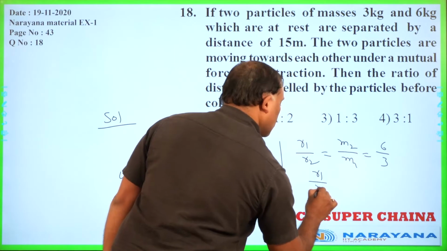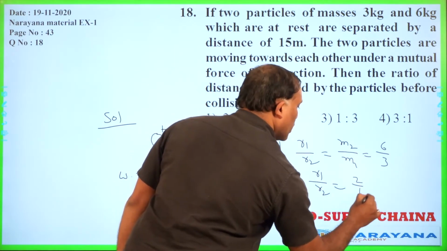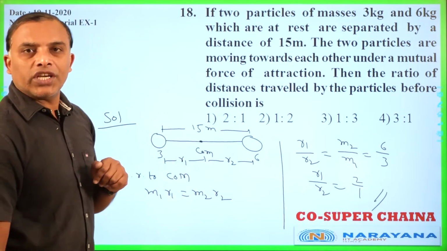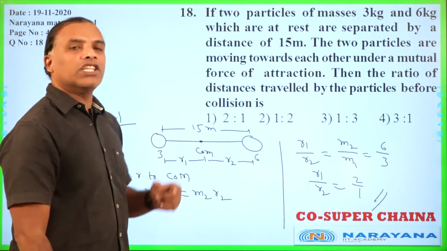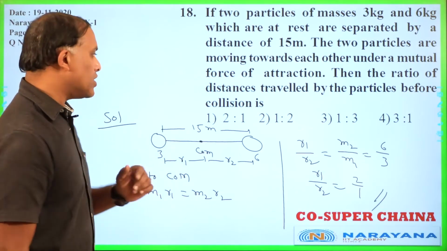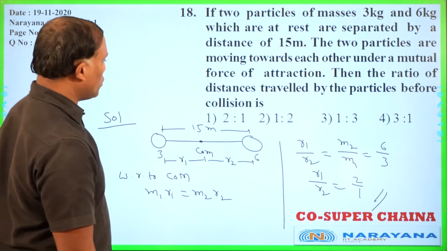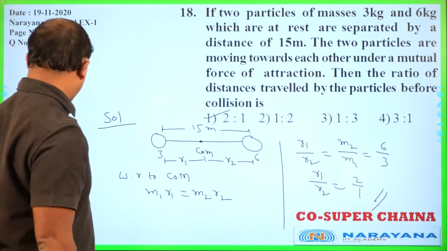So, r1 by r2 is equal to 2 by 1. That is the ratio of distances moved by the 3 kg and 6 kg blocks when they meet. They will meet at the center of mass position. So, that is about it. Next question. 2:1, this is the thing.